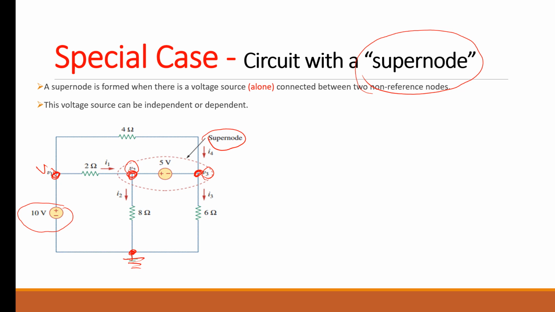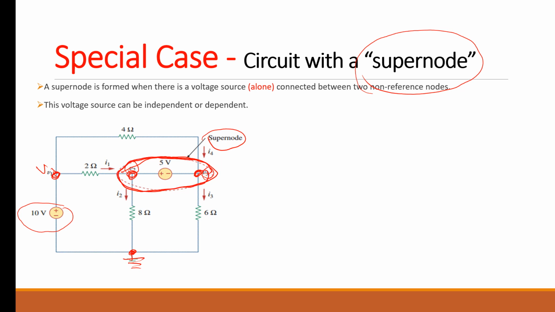So this 10V we don't consider as a supernode. When we have a supernode, we consider V2 and V3 together, and we call this together a supernode.